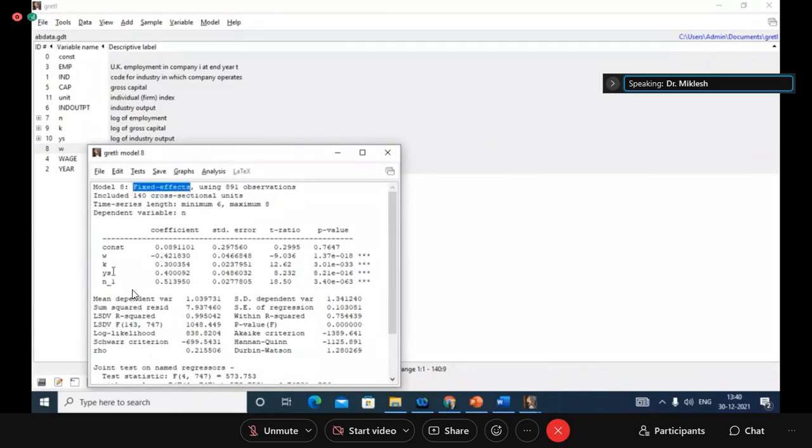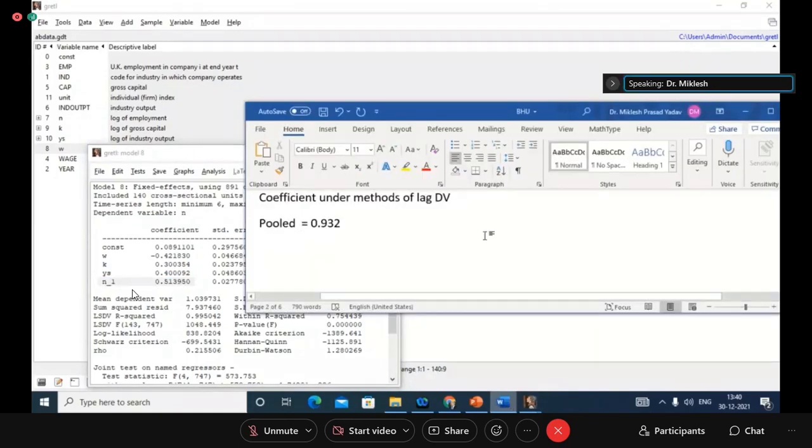Under this fixed effect model, what is my coefficient of N minus 1? 0.5139. This is the fixed model.